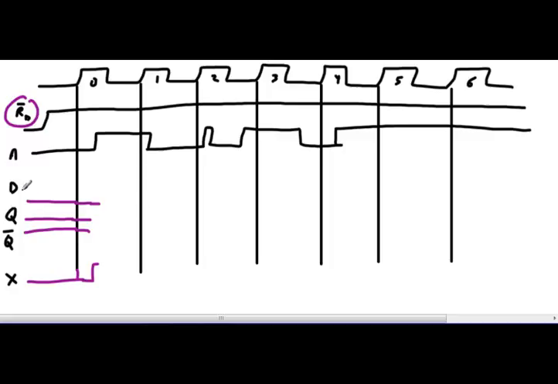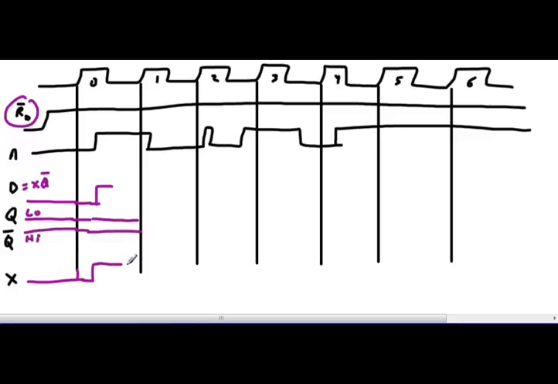Okay, so D is X or Q naught, not or, and. And Q naught. Okay, so that's a horse of a different color. So when X goes high, Q naught is high, so D is going high. Nothing can happen to Q or Q naught. Q is low, Q naught is high, until the clock pulse.